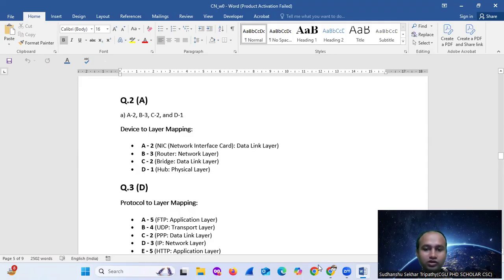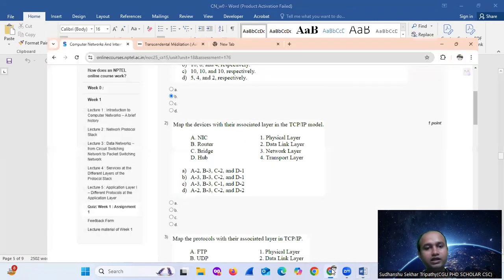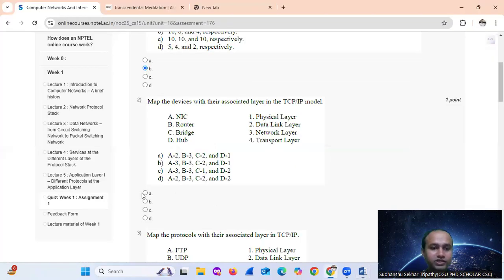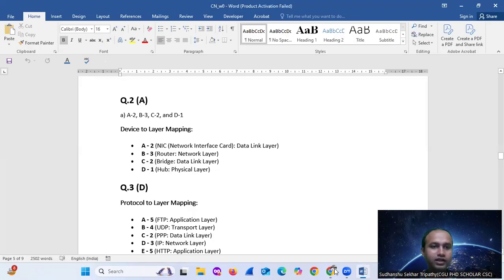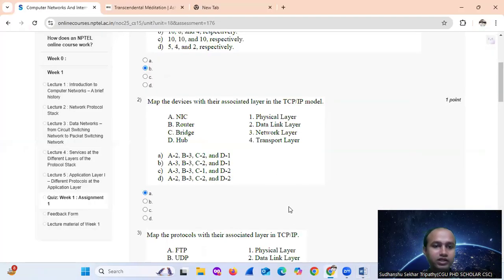Then router links to the network layer, bridge links to the data link layer, then hub is related to the physical layer. So here it will be option number A. Okay.